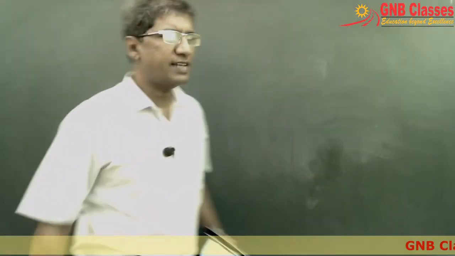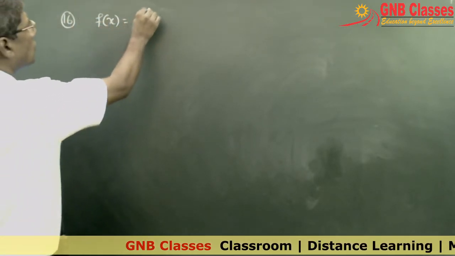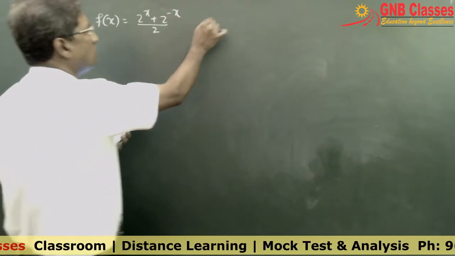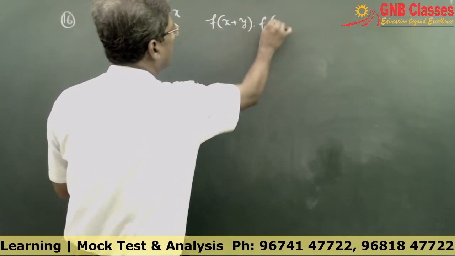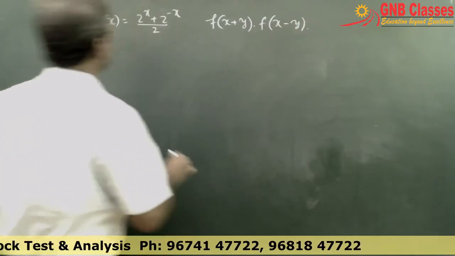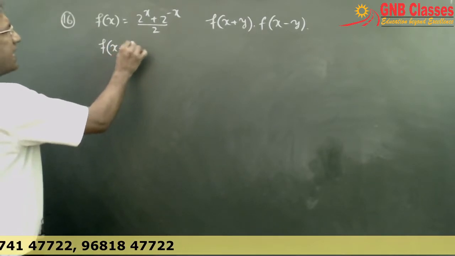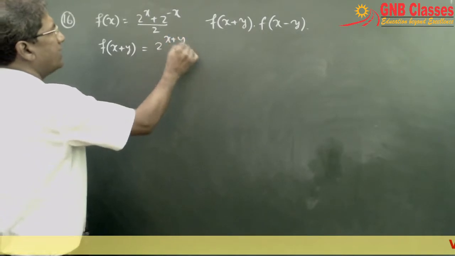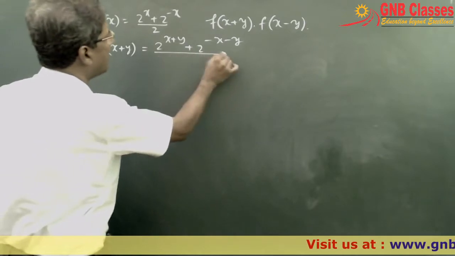In question number 16, they have given if f of x equals 2 to the power x plus 2 to the power minus x divided by 2, and we have to find the value of f of x plus y into f of x minus y. Is it clear? Now, what is my f of x plus y? It is 2 to the power x plus y plus 2 to the power minus x minus y divided by 2.